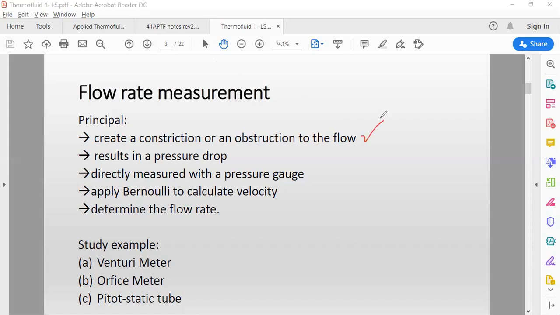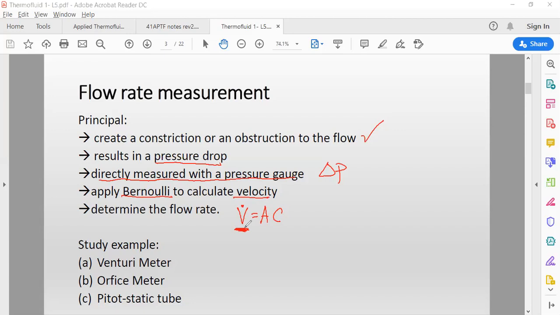This will result in a pressure drop, and we can directly measure the pressure drop with a gauge. With this pressure difference, we can apply our Bernoulli equation to calculate velocity. Once we have the velocity, we can apply our equation to finally calculate the flow rate.